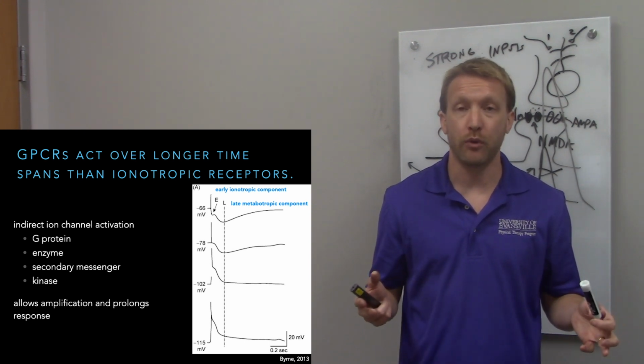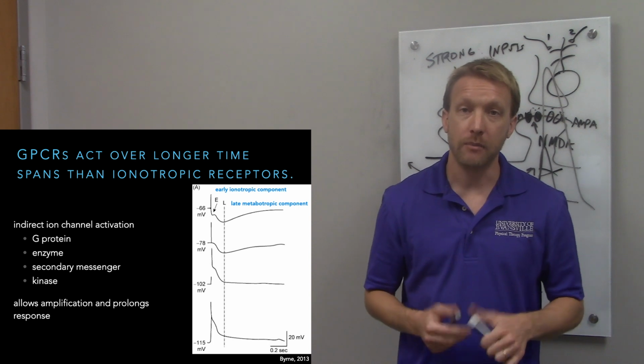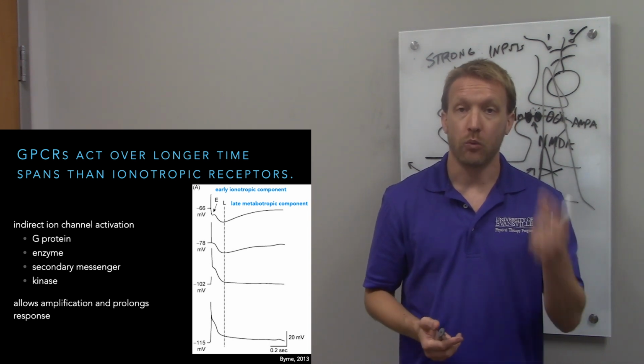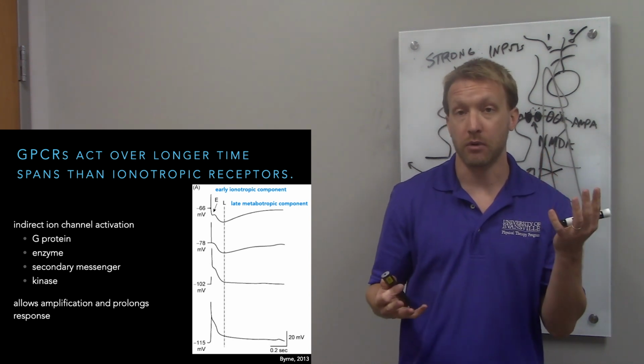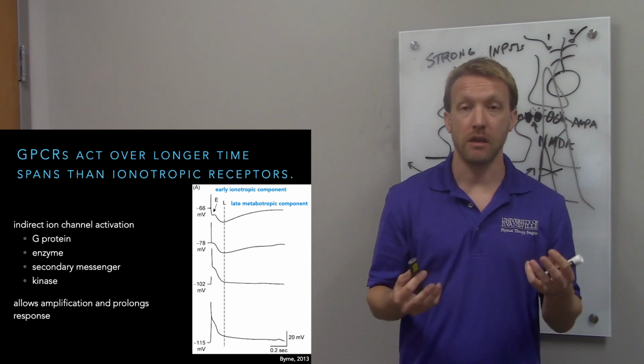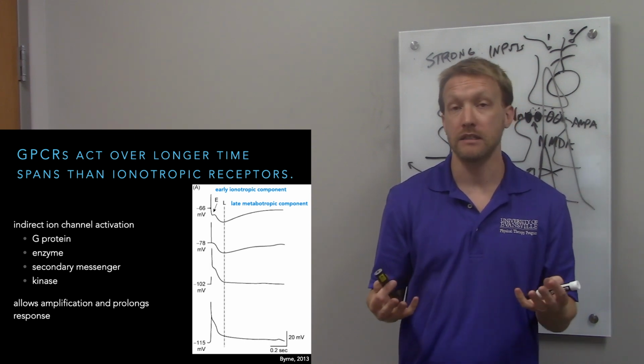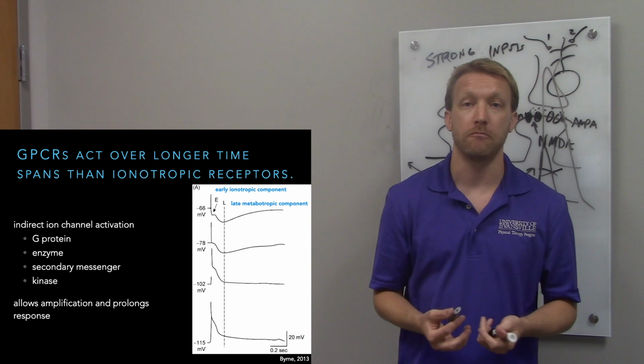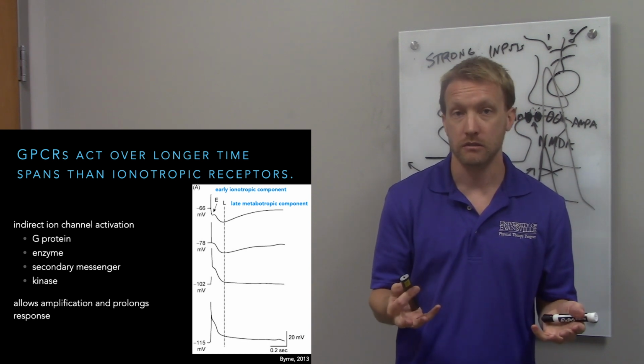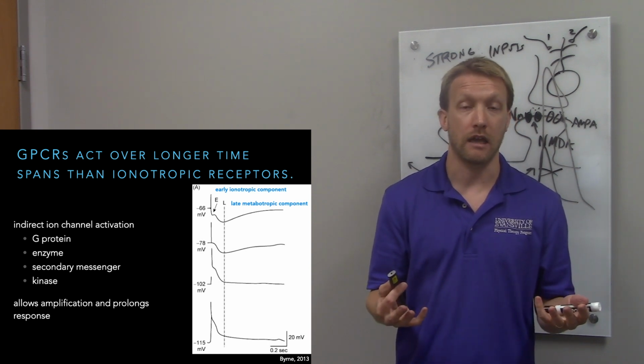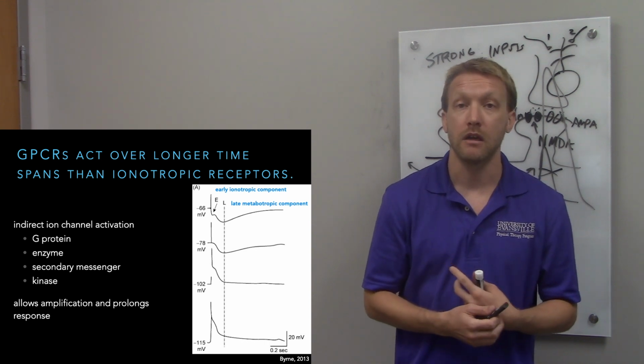Now what's the whole point of this? Well, keep in mind at every step there's amplification. So one receptor will activate many G proteins. Each alpha subunit will activate many different enzymes. Each enzyme will make many different secondary messengers. Each secondary messenger can activate a couple different enzymes.